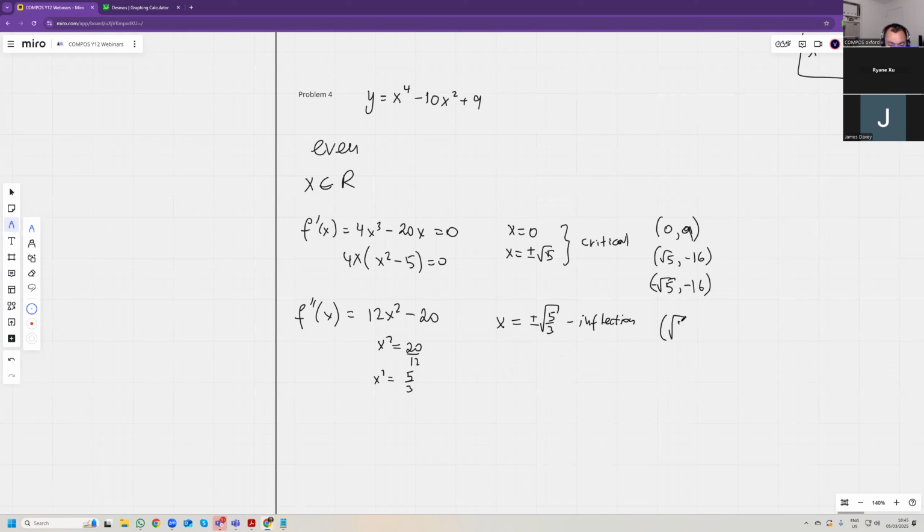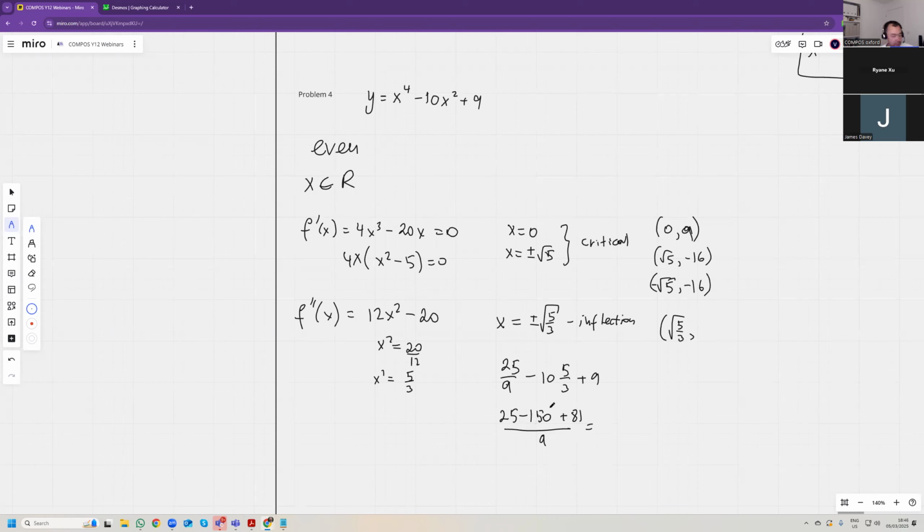So root 5 over 3 squared, that's 25 ninths, minus 10 times 5/3, plus 9. 50 times 3, 150. 25 minus 150 plus 81 over 9.